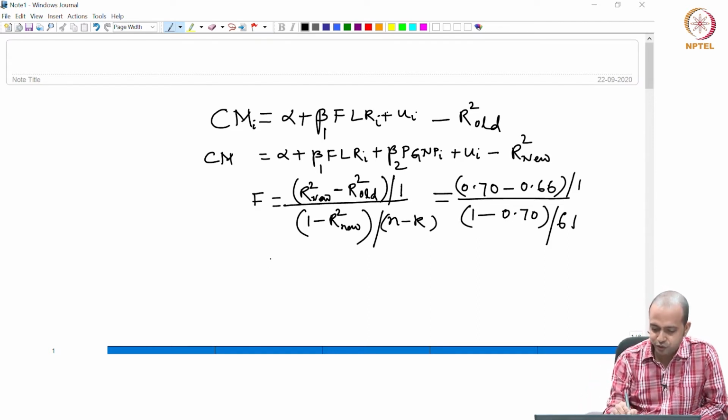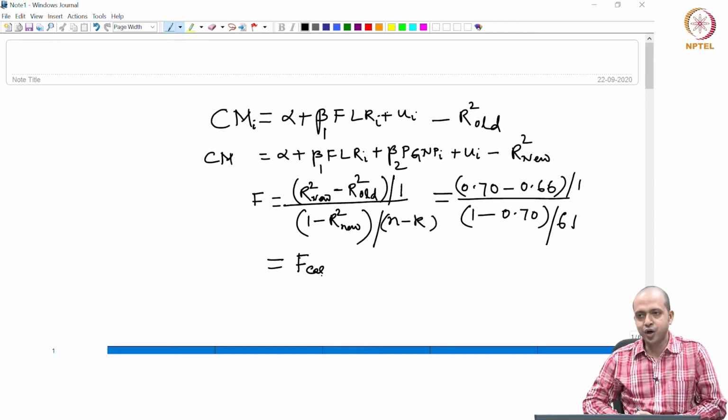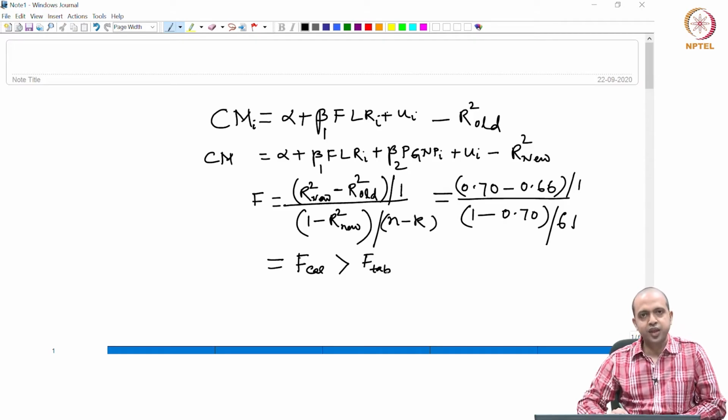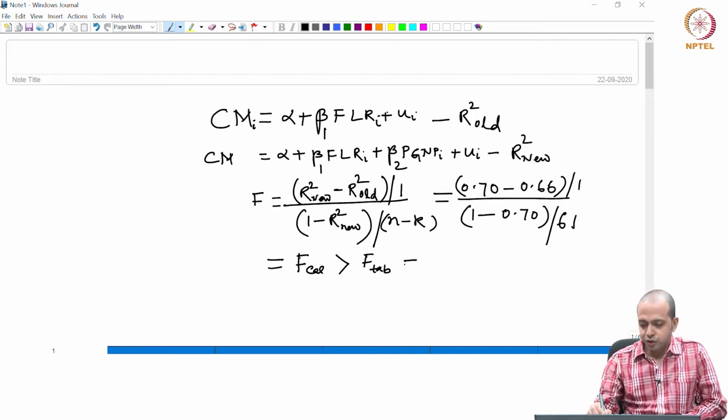So, this would become your F calculated, and then you have to compare it with the tabulated F, and if it is greater than F tabulated, then your calculated value is greater than the tabulated value, and you have to reject your H naught.